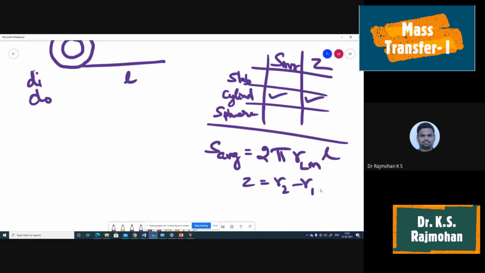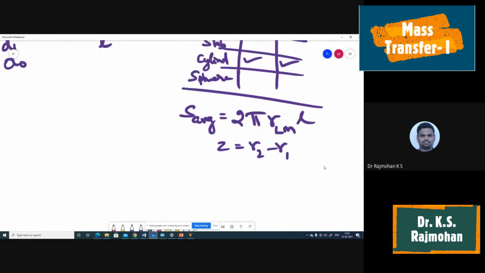We know that W is equal to N into S average, and N is completely due to molecular diffusion, so by Fick's law we get S average into DAB into CA1 minus CA2 divided by R2 minus R1.